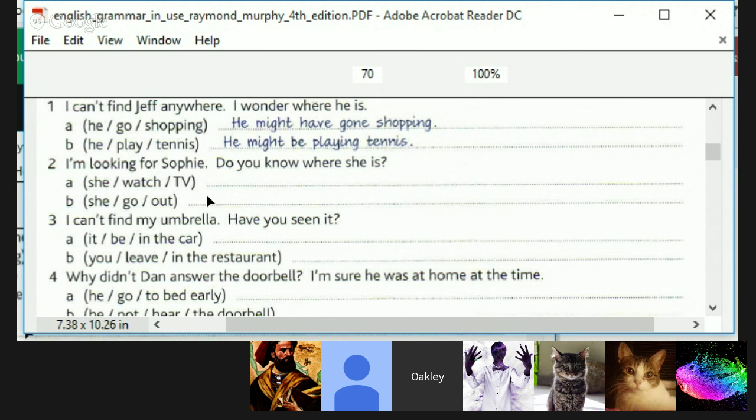Logically speaking, if you're looking for me and I said, oh, I might be going out, I'm right here, so I'm not missing. But the sentence is I'm looking for Sophie. So you're going to have to use past tense here, logically. That's why Sophie's not there. Because she already went out. Okay? So logically, this one's going to be past tense.